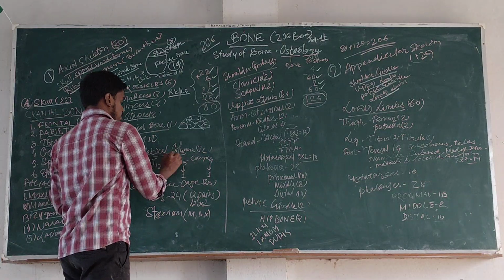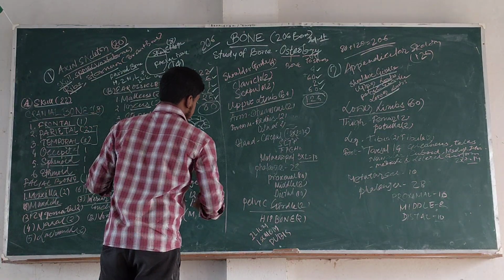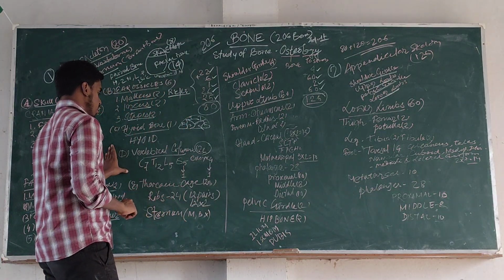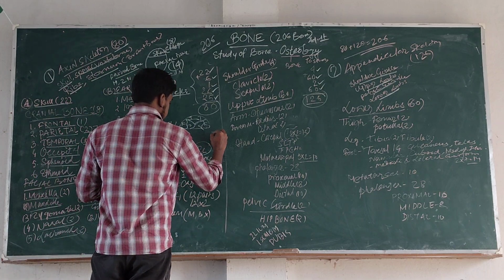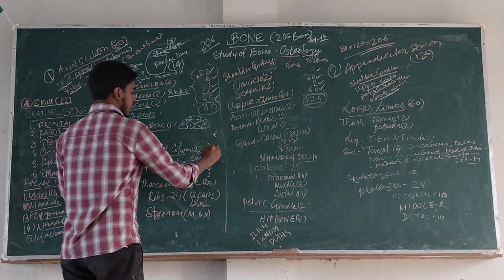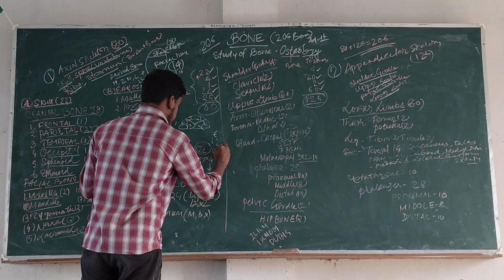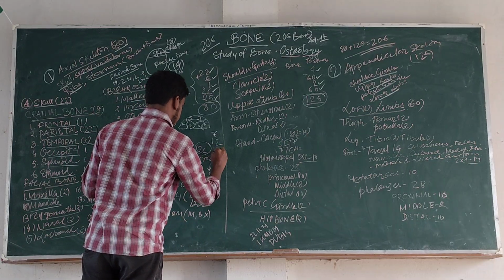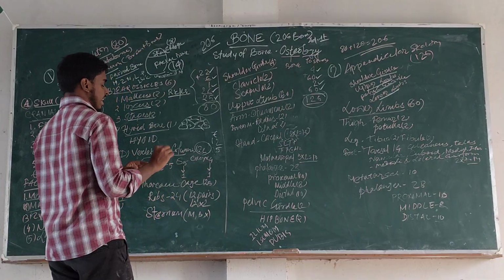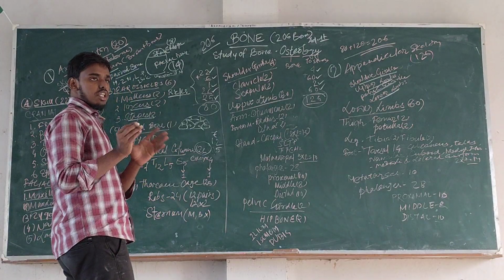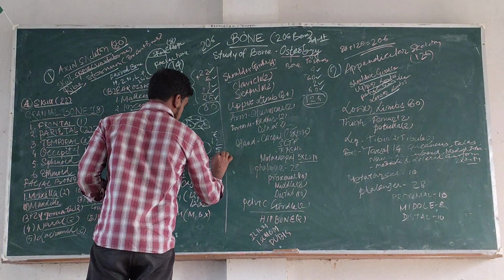Then the vertebral bones, these are 26 in number. First of all, cervical 7, thoracic 12, then lumbar 5. Then the sacrum, which is fused into 1, so we will count only 1.